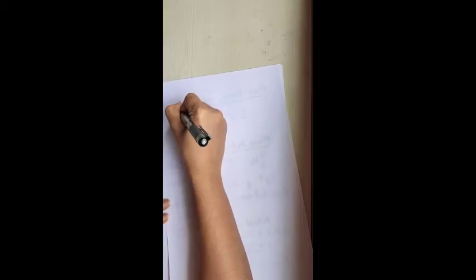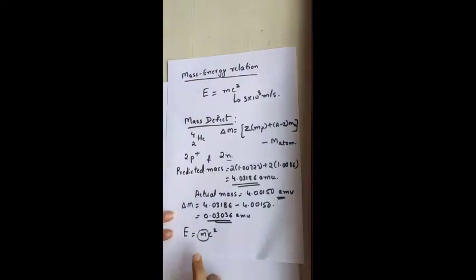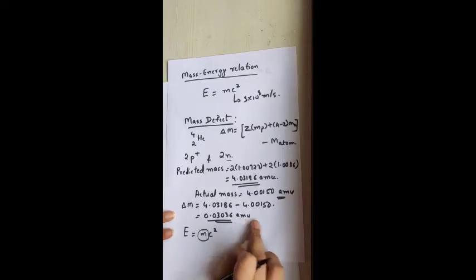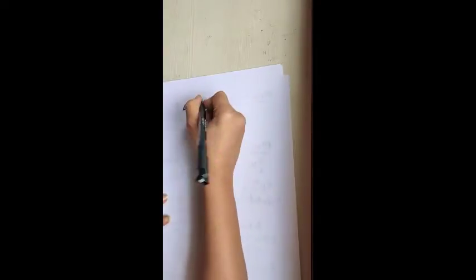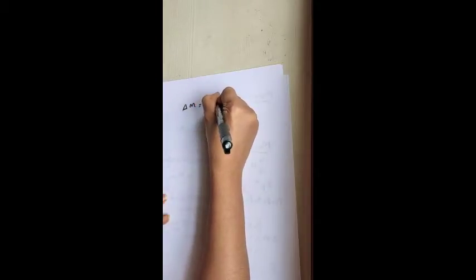So now I can write this mass defect delta M equals, I have to convert the mass defect, which is there in AMU, into kg. So when I convert it in kg, it becomes 0.03036.